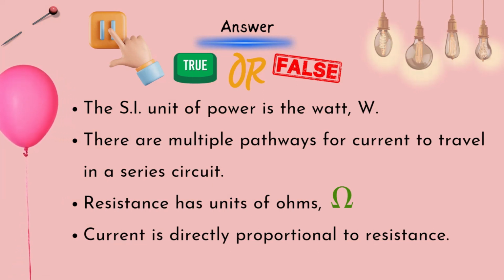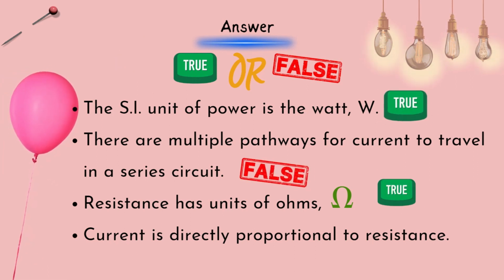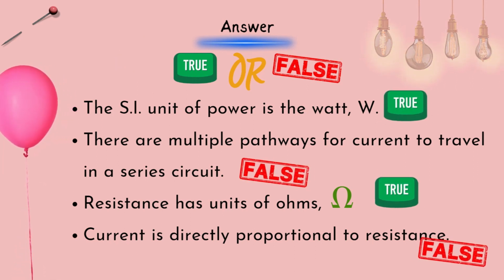True or false? The SI unit of power is the watt. There are multiple pathways for current to travel in a series circuit. Resistance has units of ohms, and current is directly proportional to resistance. You may pause this video to answer these questions. Did you get them correct? Very good.